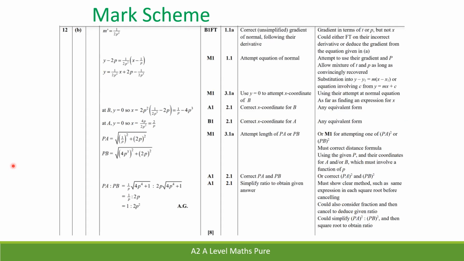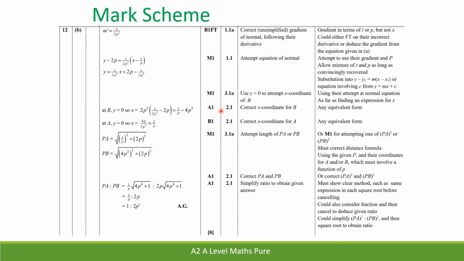The mark scheme on this question shows it's a B1 FT. The FT means follow through. So this M dash means working out the gradient, so it's the negative reciprocal of what you found. Providing you try to do that, you will get the method mark. You can see substituting it in and rearranging gives you another method mark. So you've got lots of method marks.